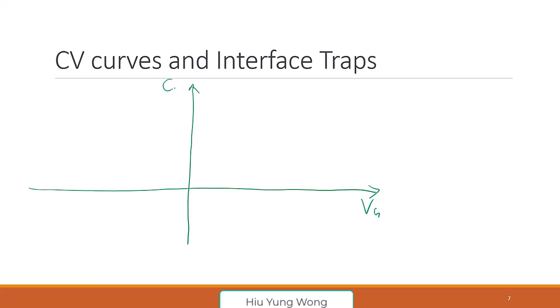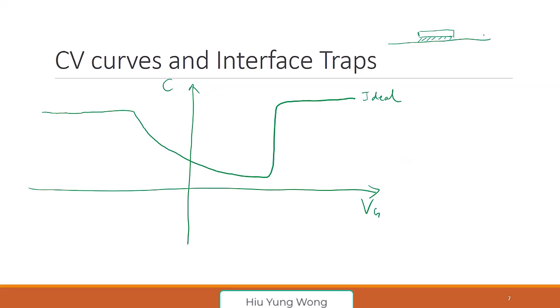This is C. The ideal one is like this: accumulation, depletion, suddenly inversion. This is ideal. Now in my transistor, unluckily, this is the gate oxide. There are some traps in between the silicon and the silicon dioxide.